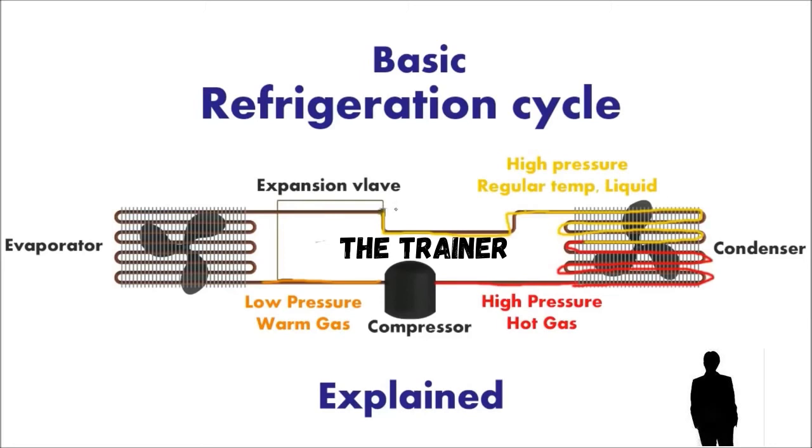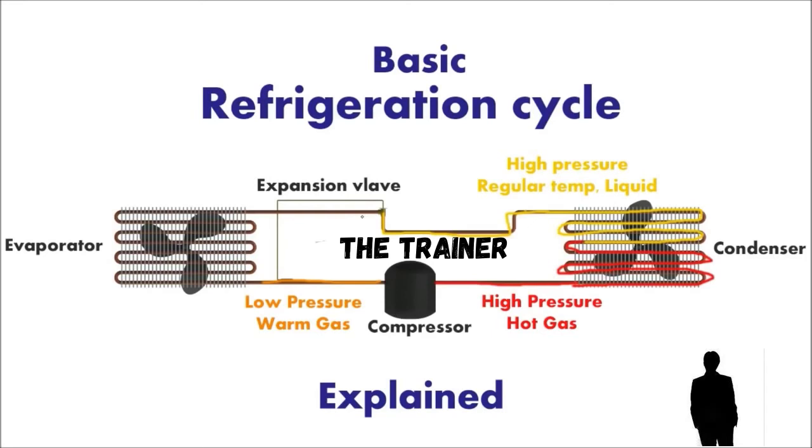The up and down movement of the diaphragm will allow more or less refrigerant to pass through into the next stage. So because the valve restricts the flow, there will be less refrigerant on the exit on this next section of the pipe. There will be less refrigerant there, so there will be room for the refrigerant to expand.